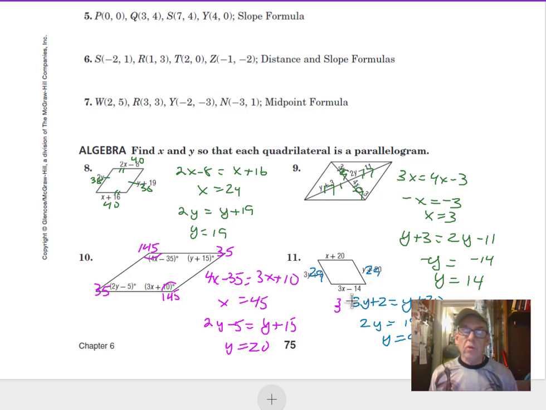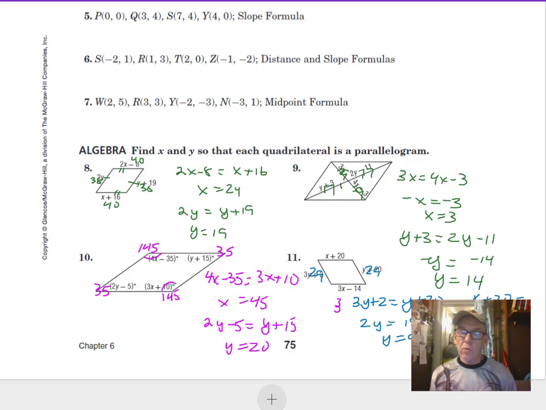Opposite sides are congruent also for the x's. So we have x plus 20 equals 3x minus 14. We're going to take 20 away from both sides and take 3x away from both sides. So take 20 away from 14, we get negative 6. And take 3x away from both sides, we get negative 2x equals negative 6.